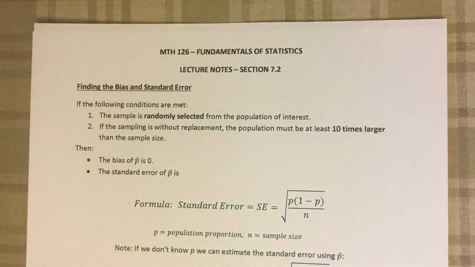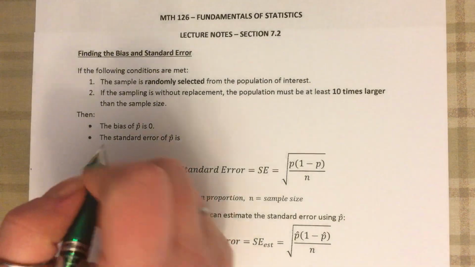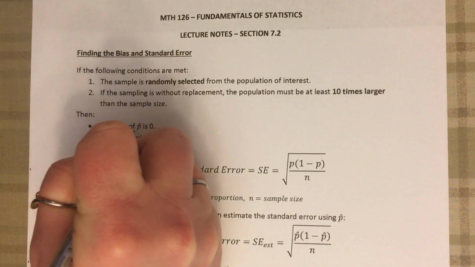If they're randomly selected without replacement, our population must be at least 10 times larger than our sample size. This is also going to tie into some different stuff in the next couple of sections. Basically that means we want a large enough population and large enough samples being taken. If that is the case, then our bias is going to be equal to 0.